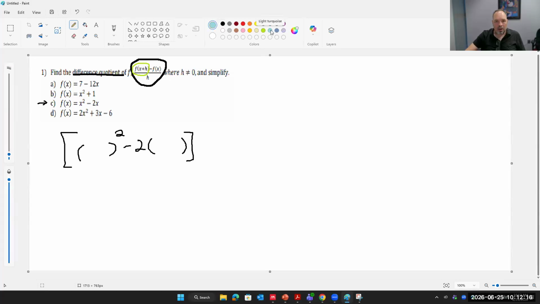And now we have to work on the minus f of x. So it's minus brackets. F of x means you leave the expression as is, x squared minus 2x.